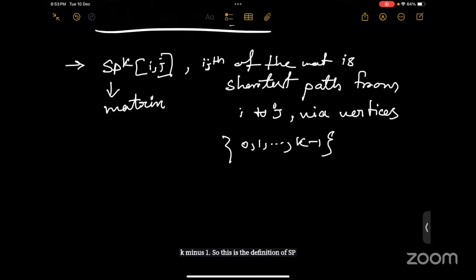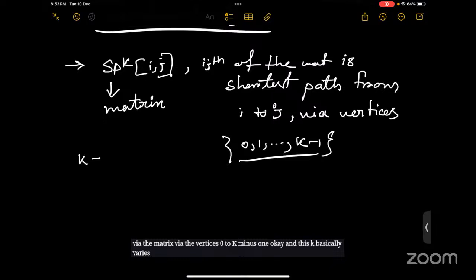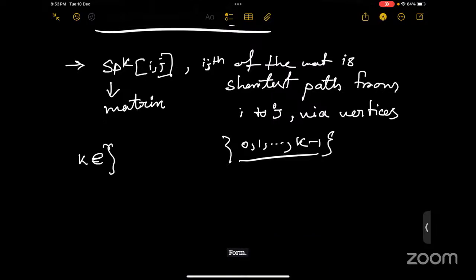So SP^k is a matrix for which the ijth entry will be the shortest path from i to j via the vertices 0 to k minus 1. Okay, and this k basically varies from 1 to n.